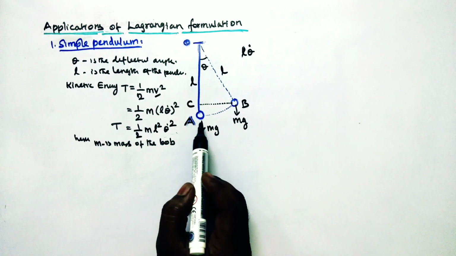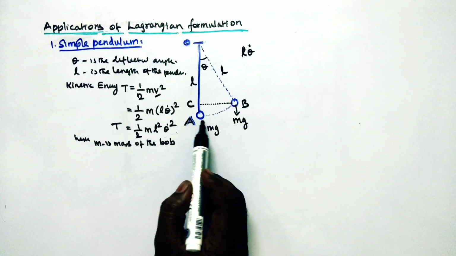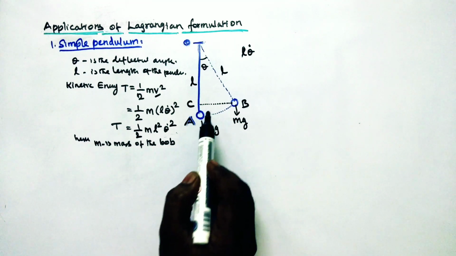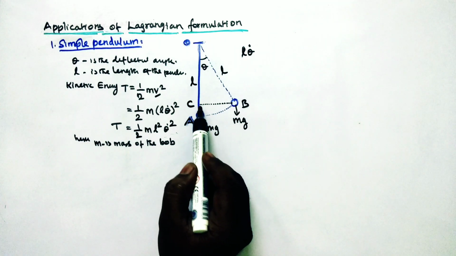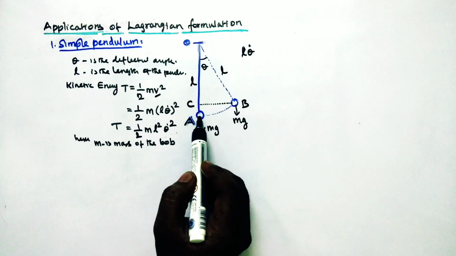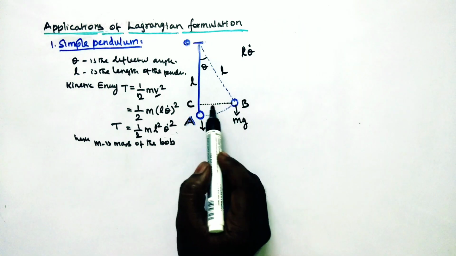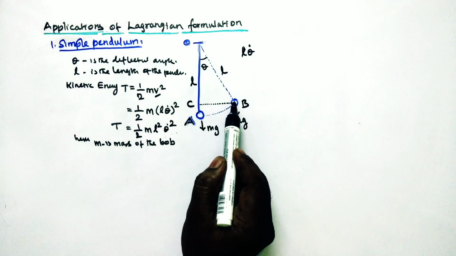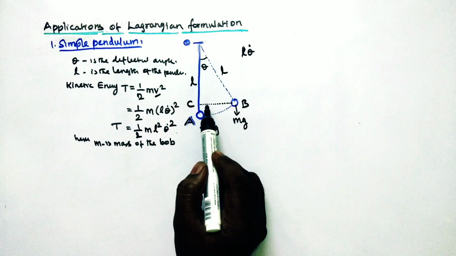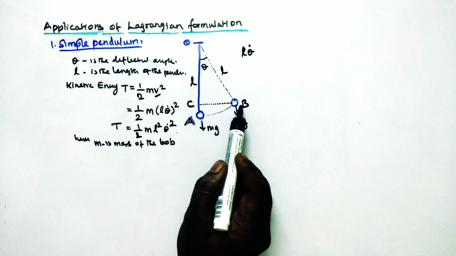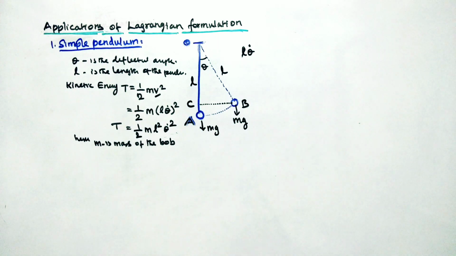So whenever we calculate the potential energy of the pendulum, this distance AC is involved, therefore the moving distance, that means the action area, is decided by point C. So this is the second point.